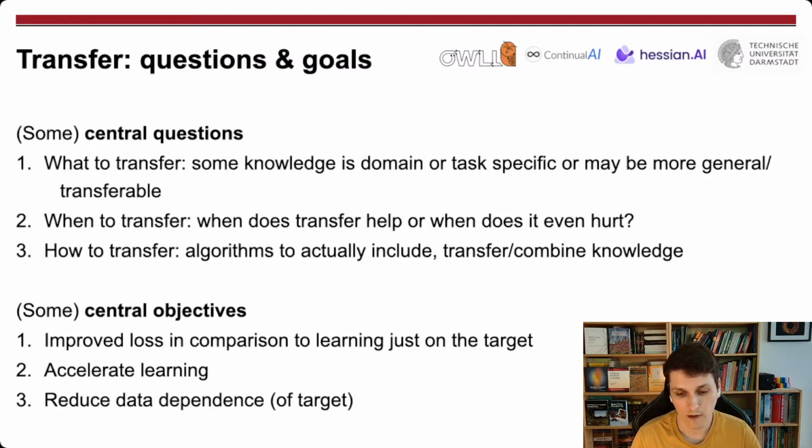It is also hypothesized to be faster because you've already built up some knowledge that may be helpful, and respectively, you may reduce the data dependence. So I believe a majority of works would use transfer learning because in the target task or in the target domain, there's less data available than in the source.